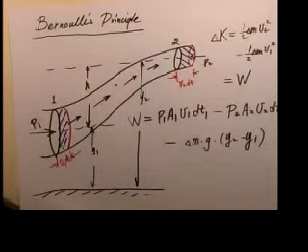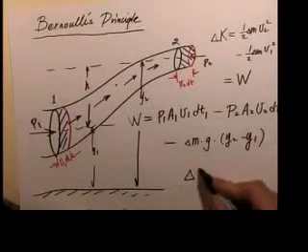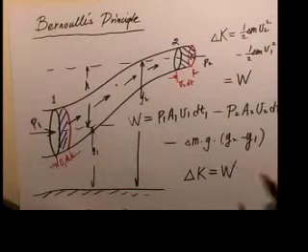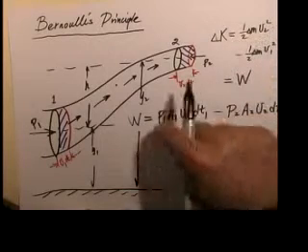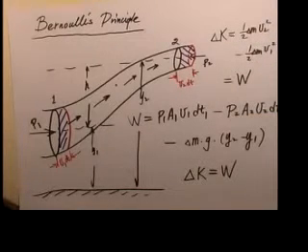We have delta K, we have W. Delta K equals W, right? Let us equate these two expressions and see what we get.